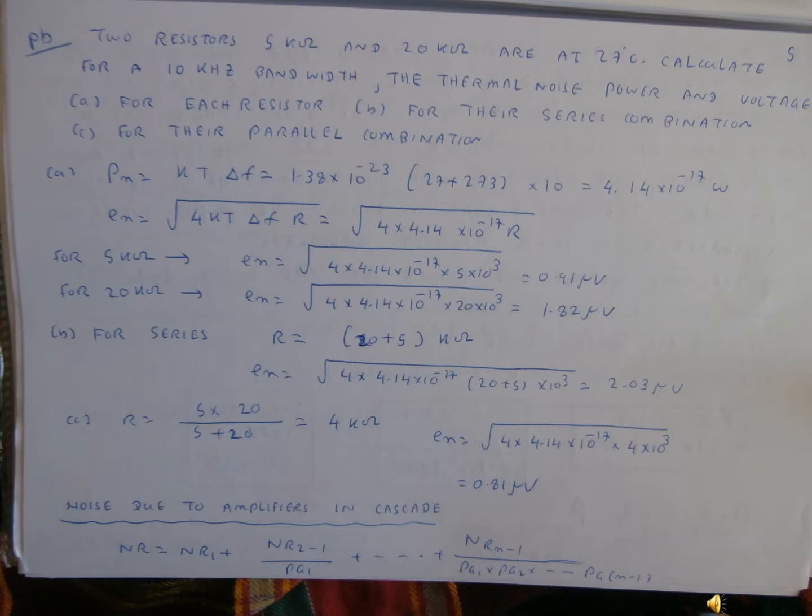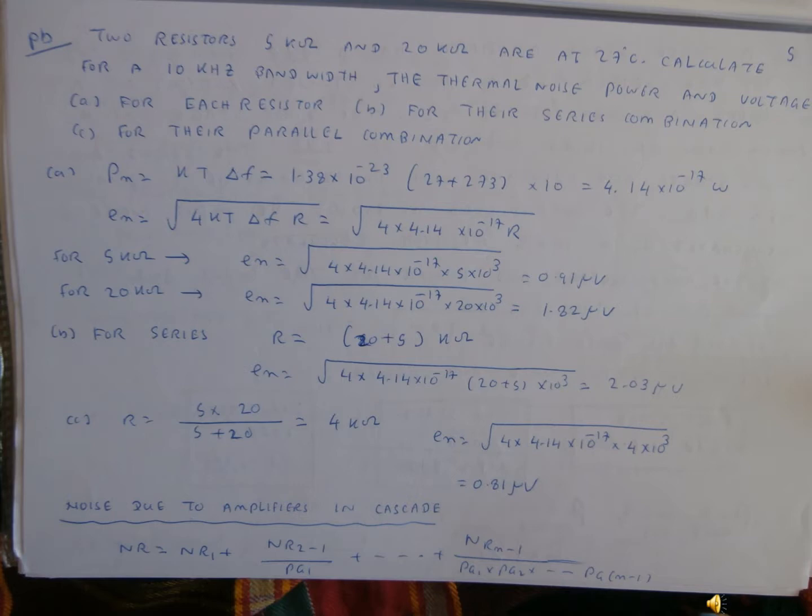For a 10 kilohertz bandwidth, calculate the thermal noise power and noise voltage for each resistor, for the series combination and for the parallel combination. The noise power P n equals k T delta F, which is 1.38 multiply 10 power minus 23, multiply 27 plus 273, multiply 10 power 3, so 4.14 multiply 10 power minus 17 watt. Then E n equals the square root of 4 k T delta F R, which is the square root of 4 multiplied 4.14 multiplied 10 power minus 17 R.